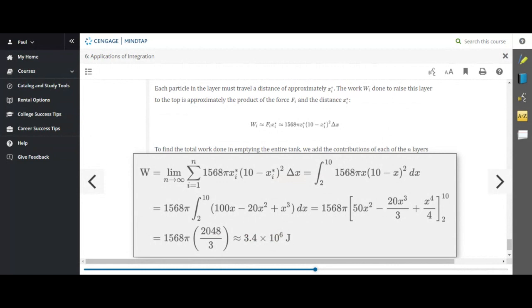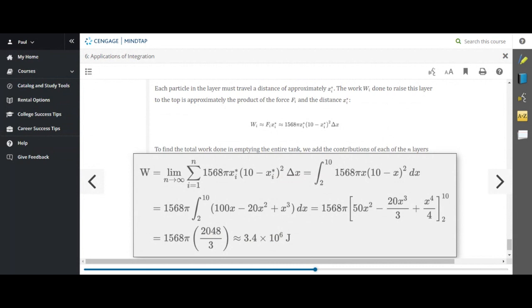Again, that's taking the water and breaking it up into n layers, and for every layer, the work needed to bring that layer to the top of the tank is 1,568 times pi times xi times the quantity 10 minus xi squared delta x. We're going to let n go to infinity. The Riemann sum becomes the integral. Now you'll notice the limits go from 2 to 10.